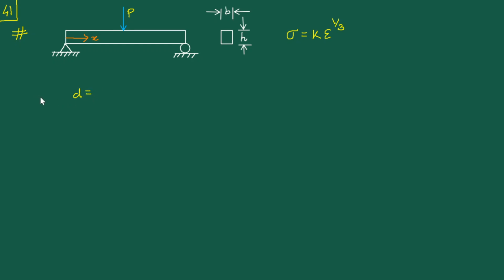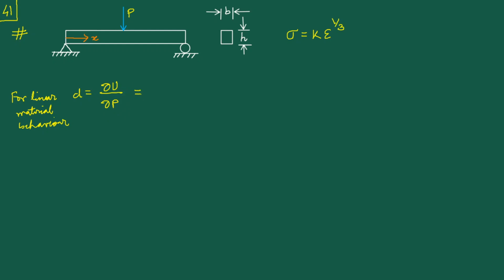Please note that for linear material behavior, d is equal to the derivative of u, where u, mind you, is the strain energy.